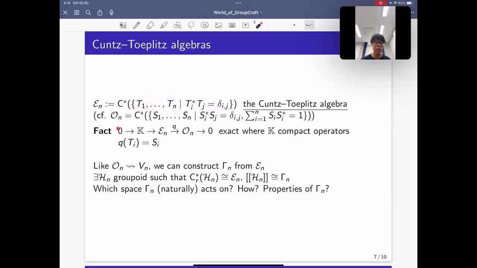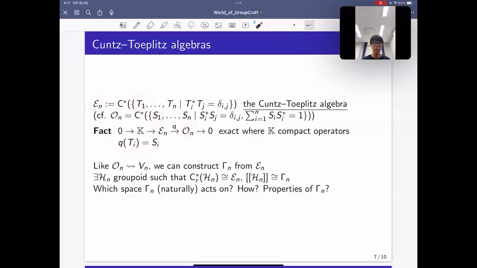Compared to the Cuntz algebra, the condition is more relaxed, since the Cuntz-Toeplitz algebra doesn't have this relation. So there is a map from the Cuntz-Toeplitz algebra to the Cuntz algebra, sending the generators Ti to Si, like this.